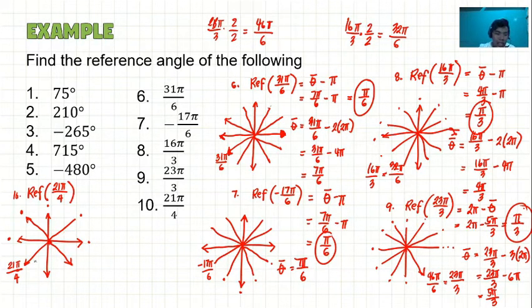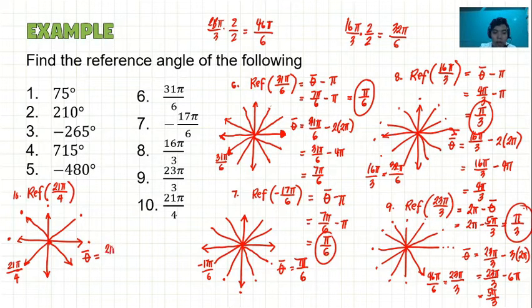So in this case, we need to know first the angle coterminal with this angle. So we have theta bar is equal to, so 21 pi over 4 is more than 2 revolutions. As what we counted earlier, it is more than two revolutions, right? So we will subtract two revolutions here.